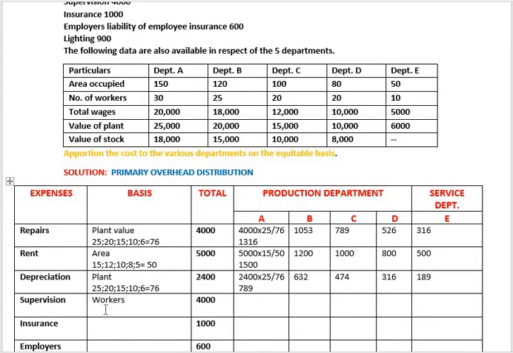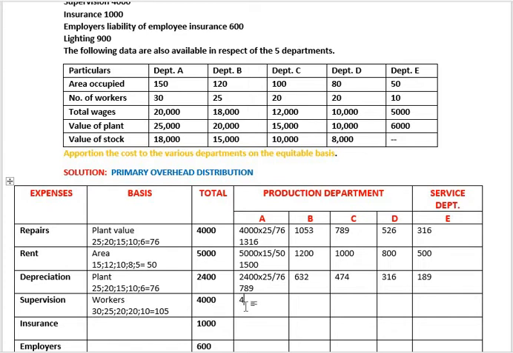I just write workers, and the ratio is 30 is to 25 is to 20 is to again 20 is to 10. So what is the total that you are going to get? You are going to get 105 is your total.